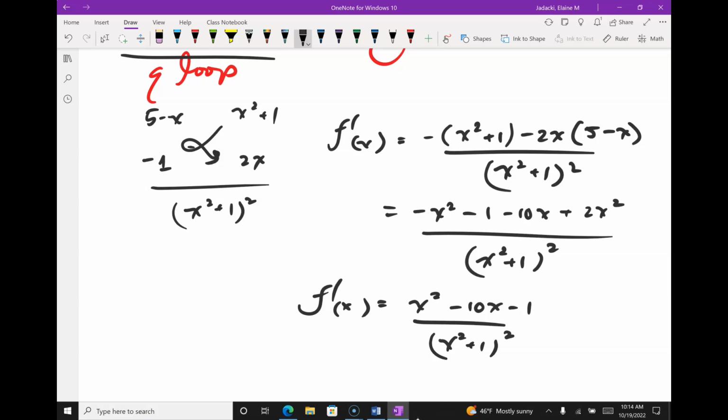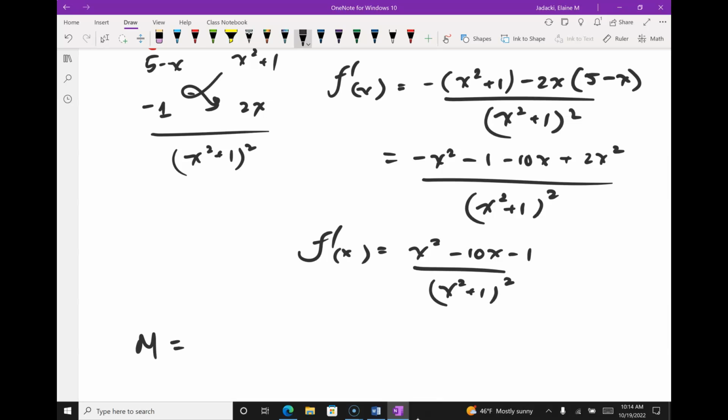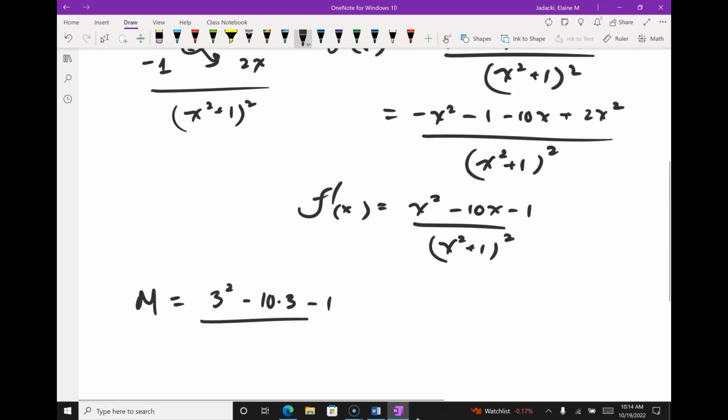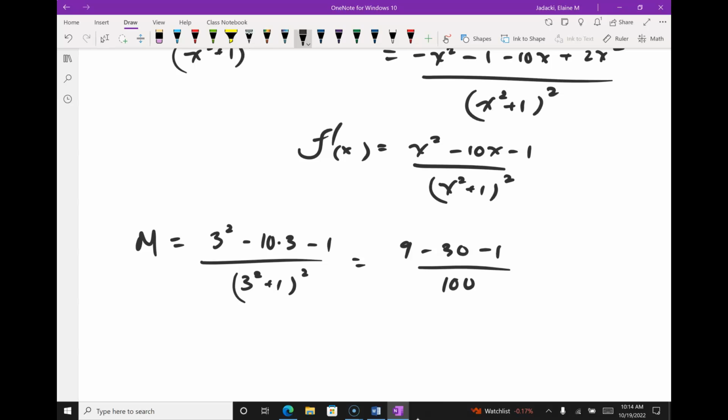Is that the derivative? Thank you. Slope, did we get a minus 11/50th?